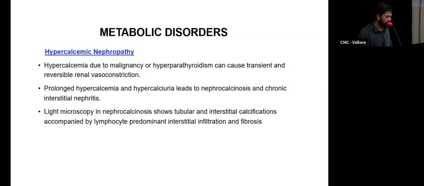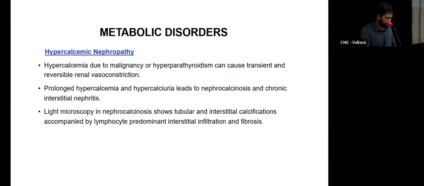Hypercalcemia, whatever the cause that led to it, whether malignancy or hyperparathyroidism, can cause a transient and reversible renal vasoconstriction in the acute setting. Prolonged hypercalcemia and hypercalciuria can cause nephrocalcinosis and chronic interstitial nephritis with interstitial calcifications.